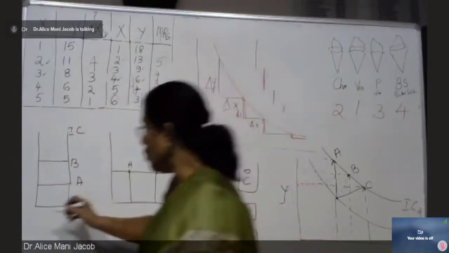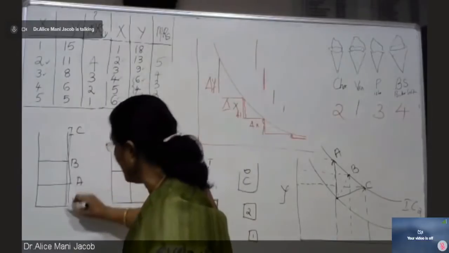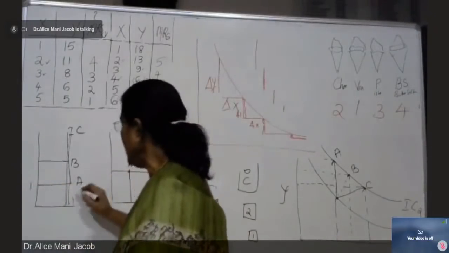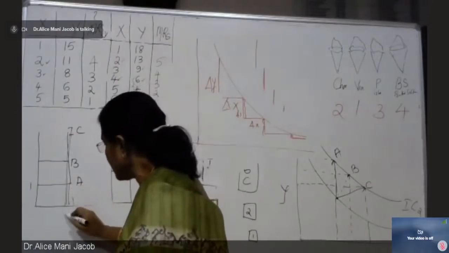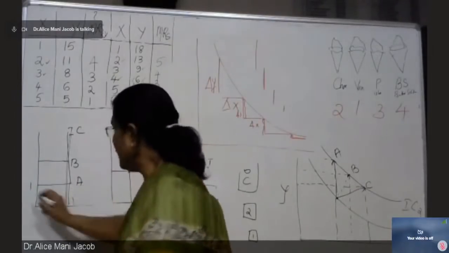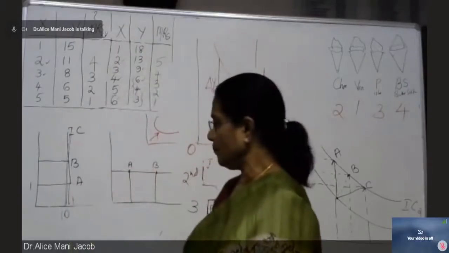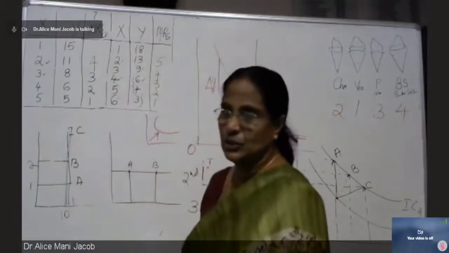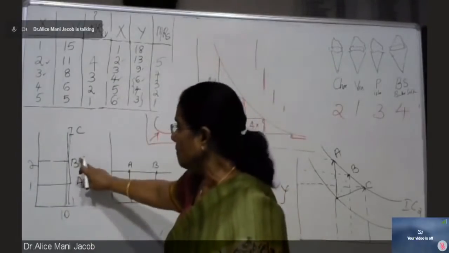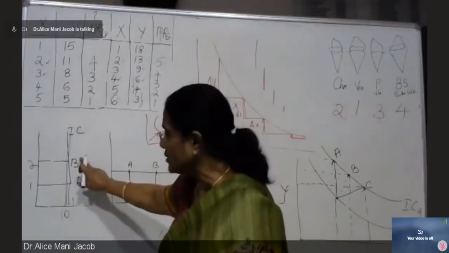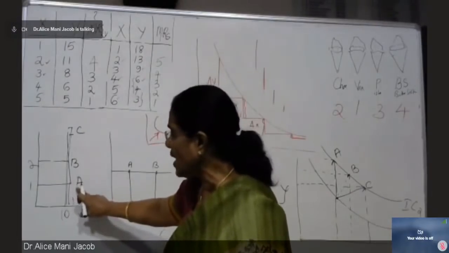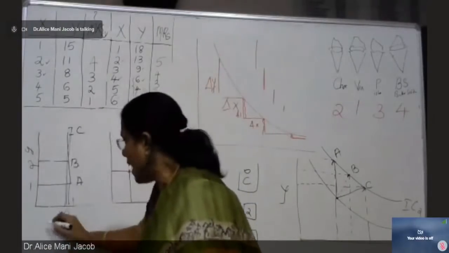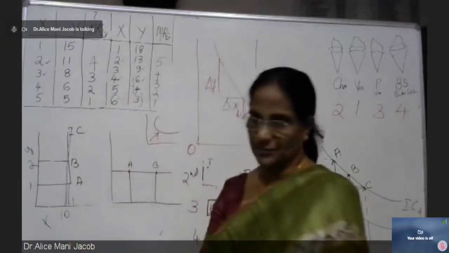So, if this is an indifference curve, what does it mean? You have y equal to 1 and x equal to 10, and here y equal to 2, x equal to 10. Definitely B has greater satisfaction when compared to A, because B has more of y and the same x.